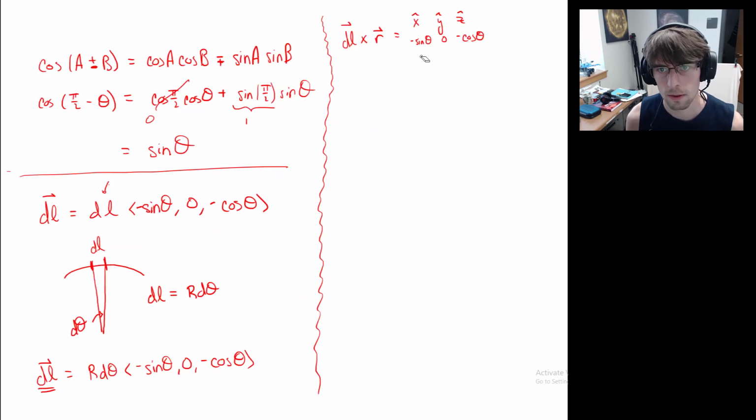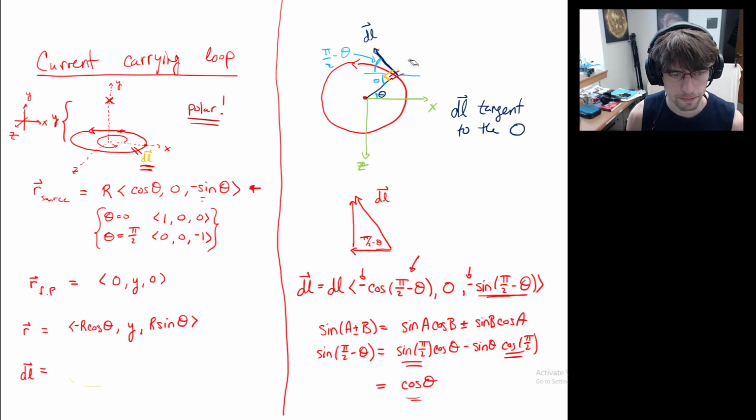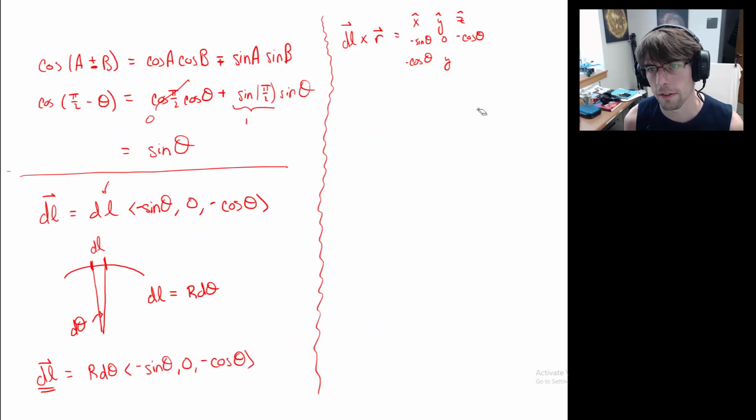What do we have? We have cosine of theta, y. Oh, excuse me. I'm going to keep those negatives in there. Negative cosine of theta, y, and sine of theta. And then I've just pulled out the common terms.